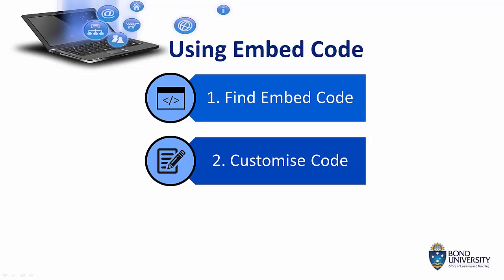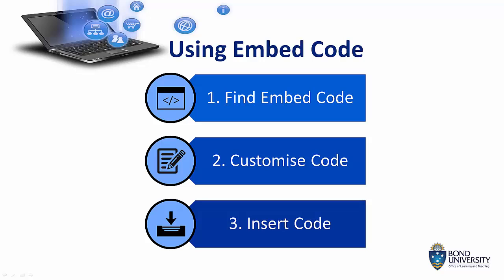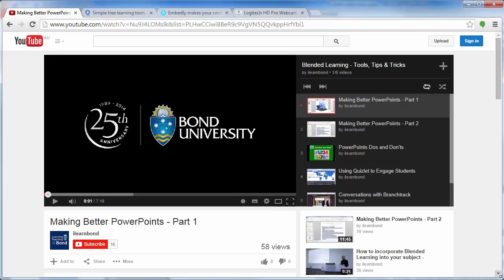Now, you don't have to customize the code, but you may decide that you would like to make some modifications, usually to the size of the embedded object within your iLearn site, and being able to do some basic customization is a useful technique. And the third step is inserting that code within your existing iLearn subject, and this is most of the time just a copy and paste job.